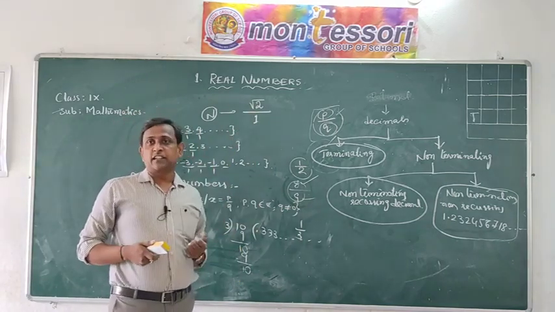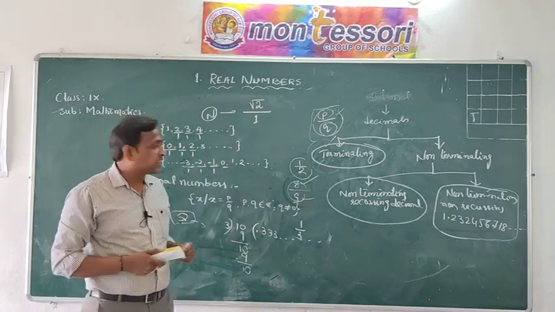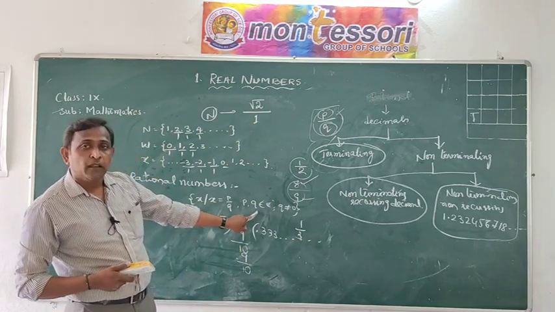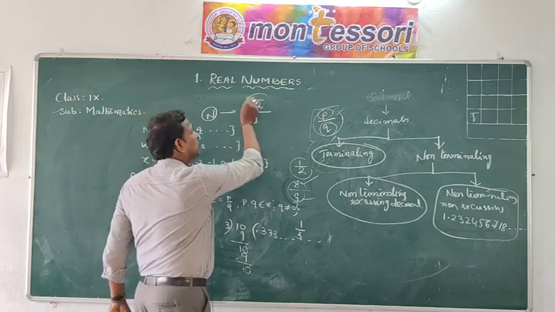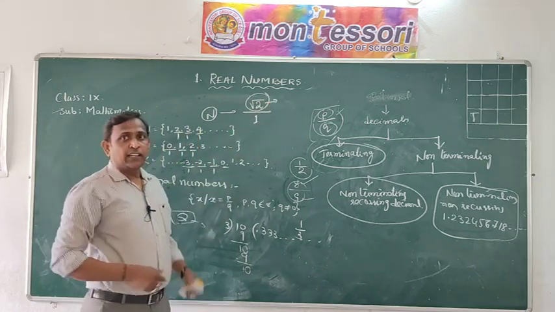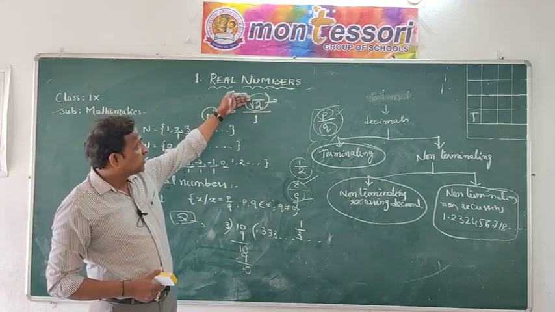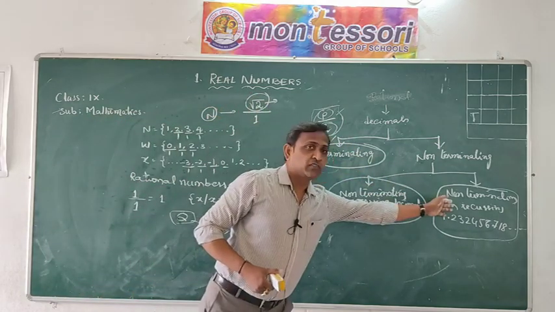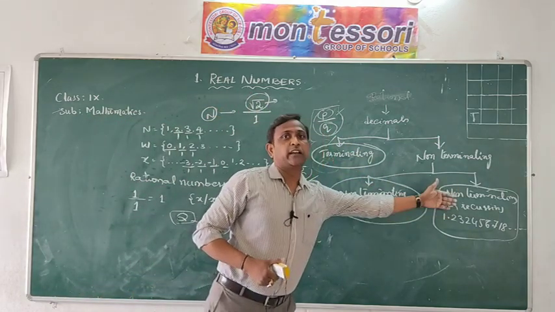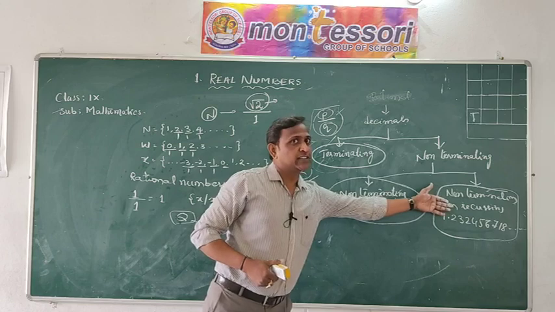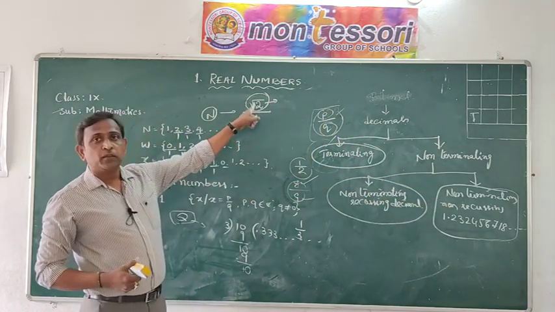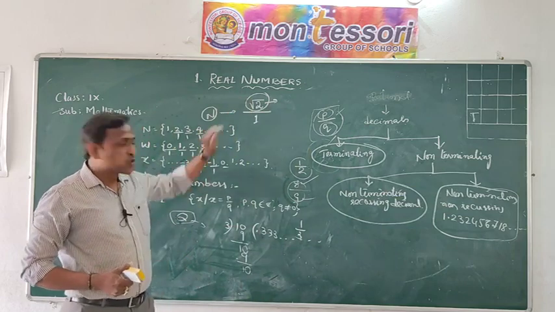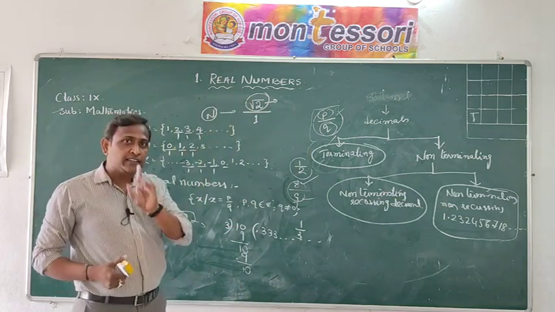This type of answer we can also expect, but you have to understand now, as per the definition, p, q are the integers. Can you believe root 2 is an integer? Actually, I am not going to discuss root 2 here, because that is a part of the non-terminating, non-recurring decimals. In that class we can discuss it, but here I can simply say root 2 is not an integer, so root 2 by 1 is not a rational number.